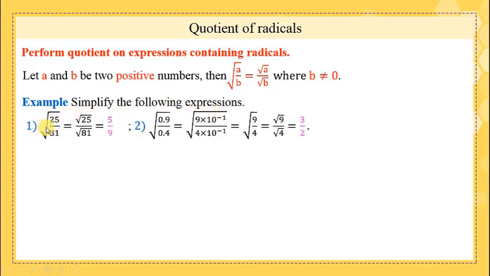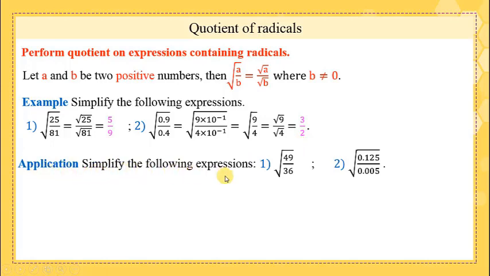Number 1, radical 25 over 81, this is equal to radical 25 over radical 81, and this is equal to 5 over 9. Number 2, radical 0.9 over 0.4, this is equal first to radical 9 times 10 to the power minus 1 over 4 times 10 to the power minus 1. By simplifying we get radical 9 over 4, and this is equal to radical 9 over radical 4, which is equal to 3 over 2.